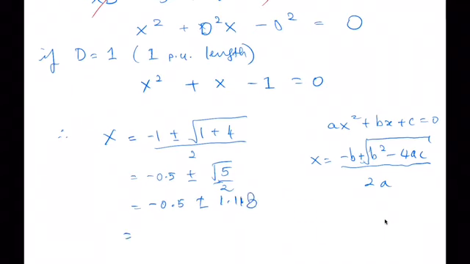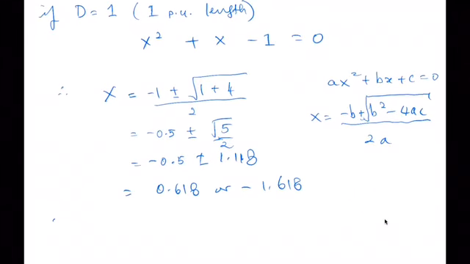So you either have minus 0.5 plus 1.118, which is 0.618, or minus 1.618. Is that the answer?